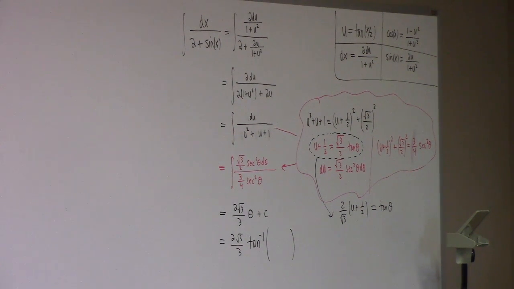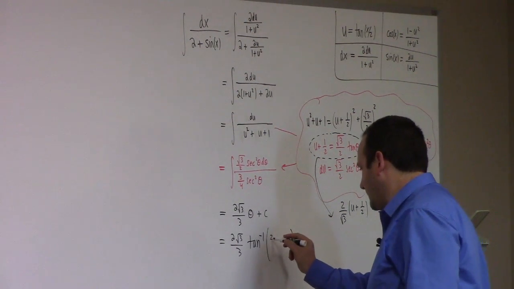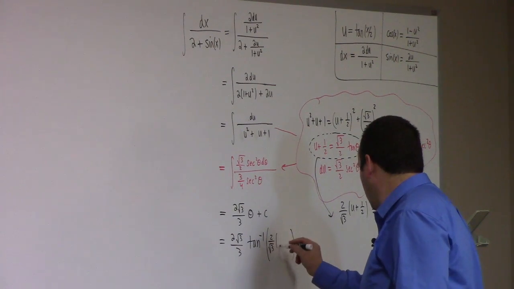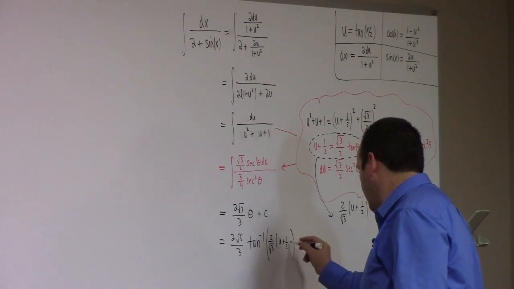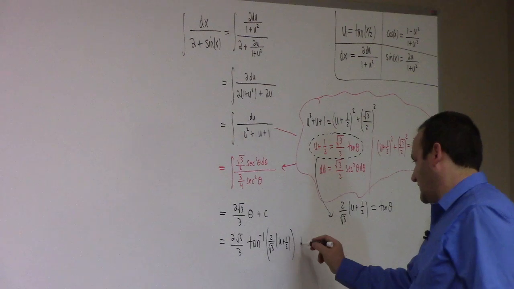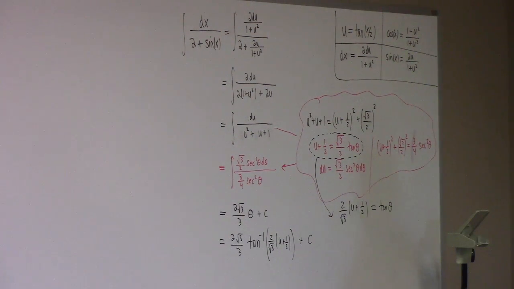So you take inverse tangent of both sides, what do we get? We get inverse tangent of 2 over root 3 times u plus 1/2, plus a constant, of course. And then what do we do?